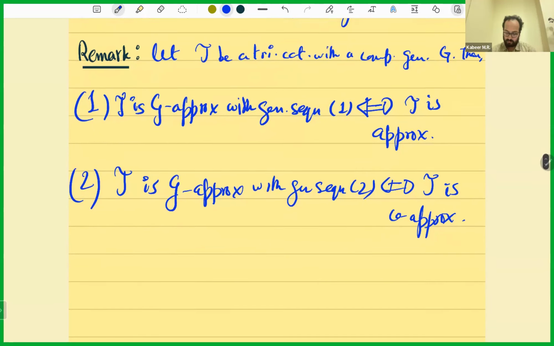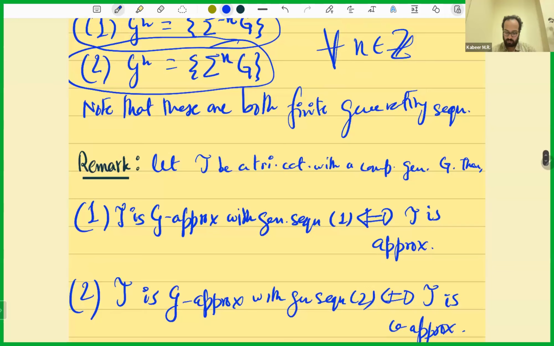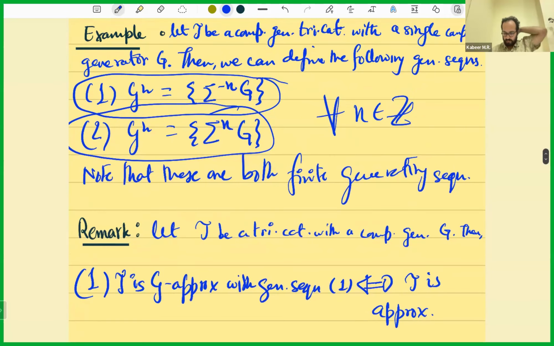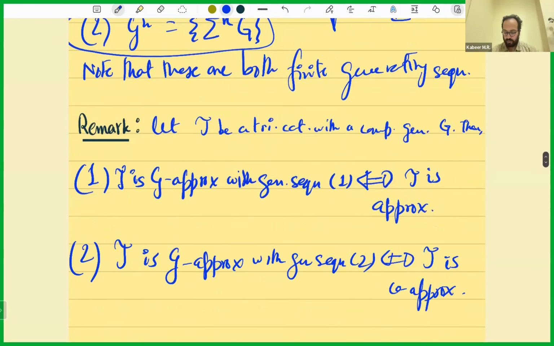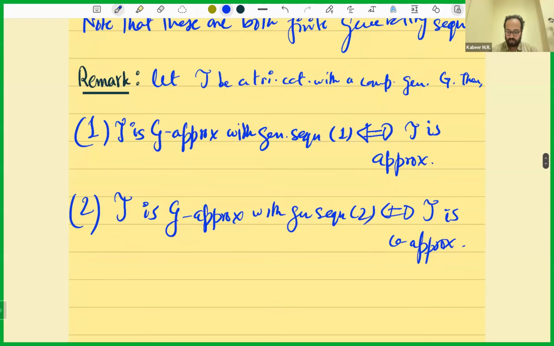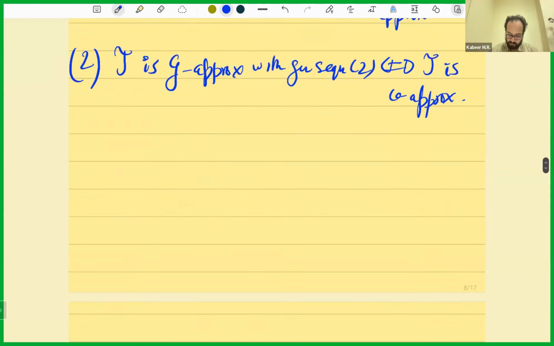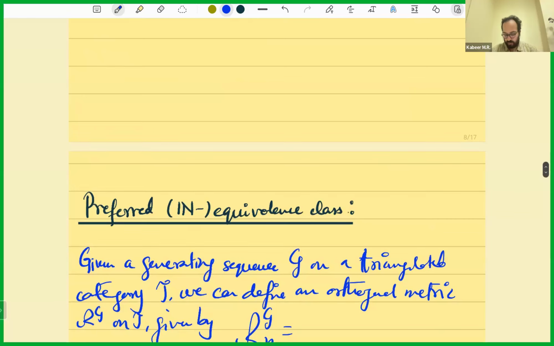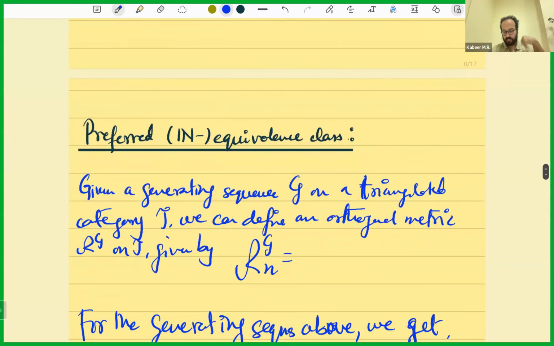All right. So somehow these two generating sequences are quite special, and they give back these familiar notions, or maybe not familiar, but relatively easier to understand notions. Maybe I should say this quite quickly. Given a generating sequence, we can define an orthogonal metric on T, which is defined as follows.